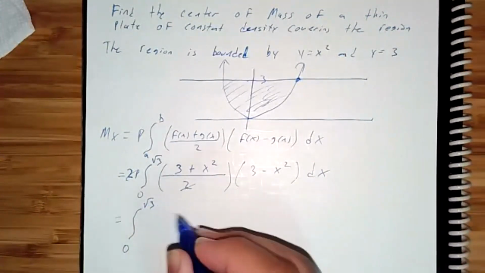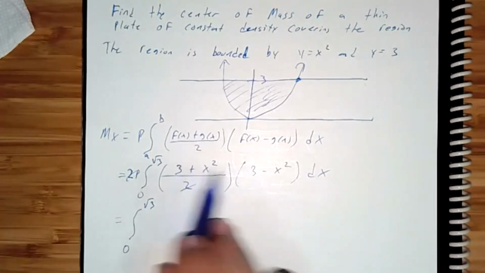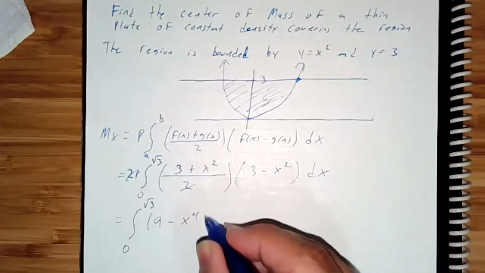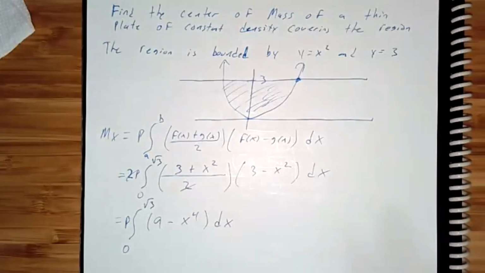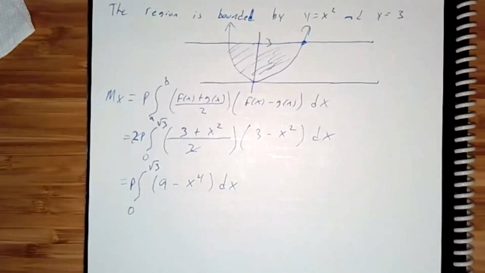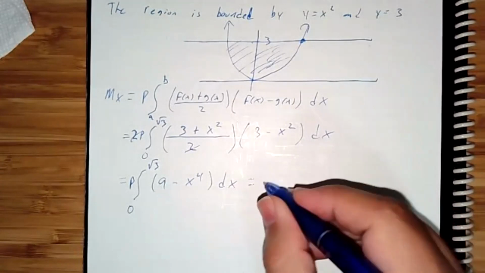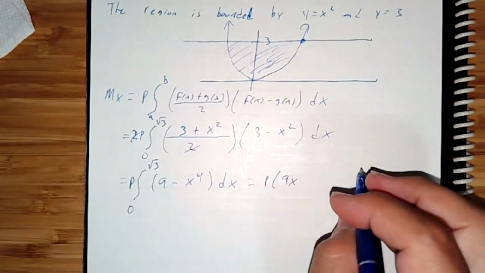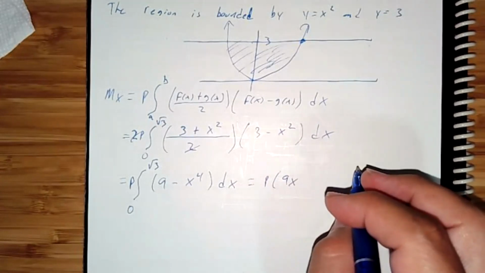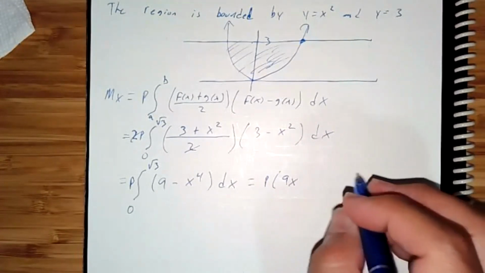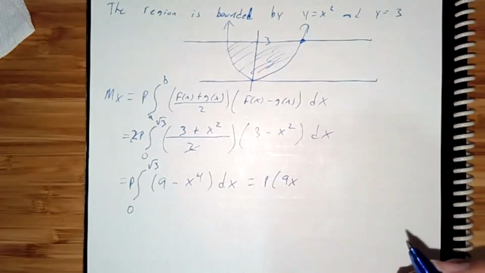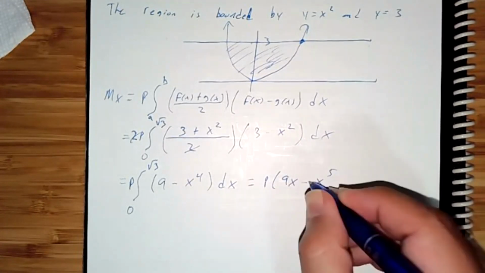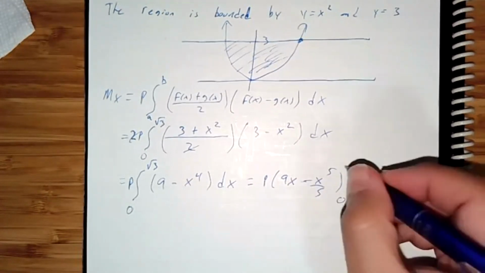This will become a difference of squares, a conjugate pair, so you're going to get 9 minus x to the 4th. Which will then be rho times 9x minus x to the 5th over 5 from 0 to root 3.